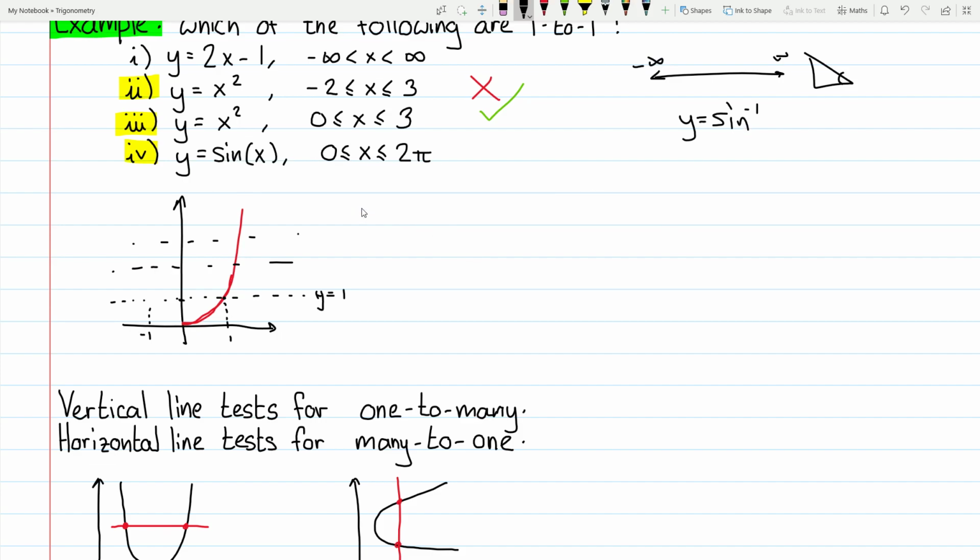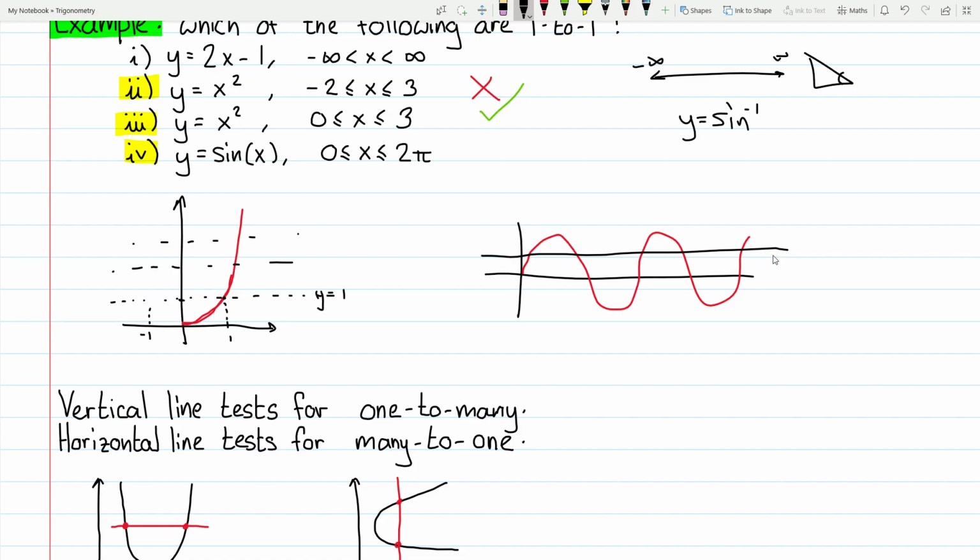This is precisely why, if you were to graph the sine function, which we just graphed and looks like this, and we draw a horizontal line, we intersect the curve at lots and lots of points. Between 0 and 2 pi, we intersect the curve precisely twice.